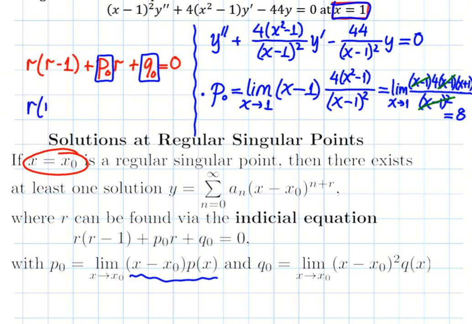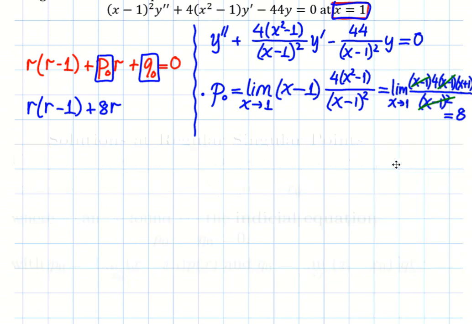So r times r minus 1 plus 8 r. And then we'll find q naught. Q naught is the limit of this when x goes to 1. I will delete that to make some room for our problem. Q naught will be the limit when x goes to the number, in this case 1, of x minus that number squared times q of x.